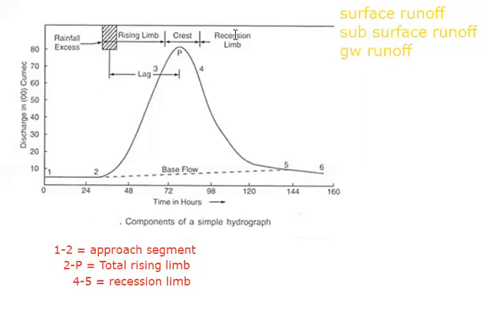So the peak flow occurs when various parts of the watershed yield the runoff simultaneously to the outlet. The time interval from the center of mass of rainfall to the peak is under control of the stream and watershed characteristics.